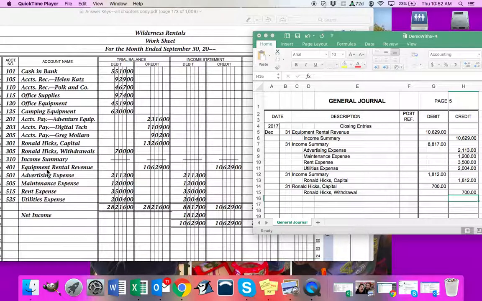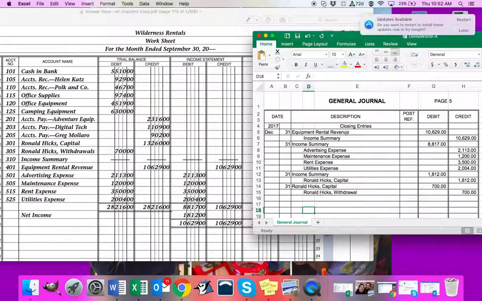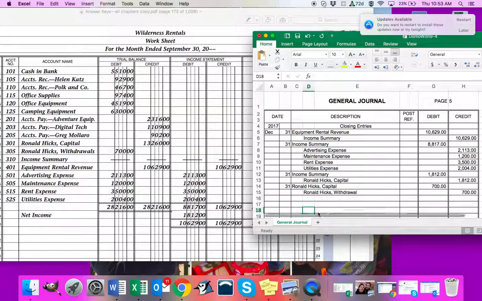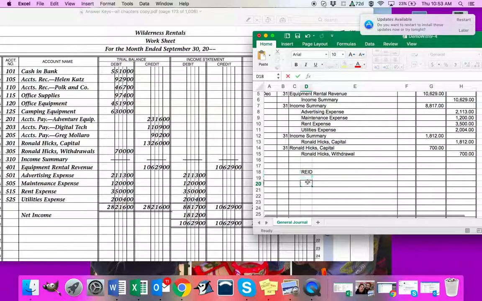Okay, so you want to think of the acronym READ when you're closing accounts. R-E-A-D. R stands for revenue.